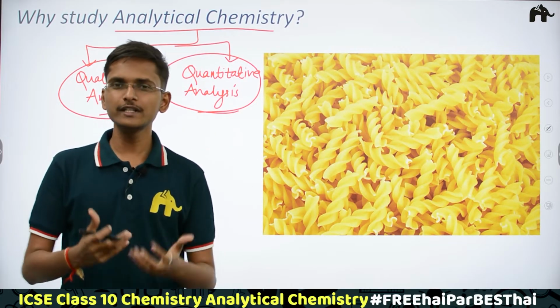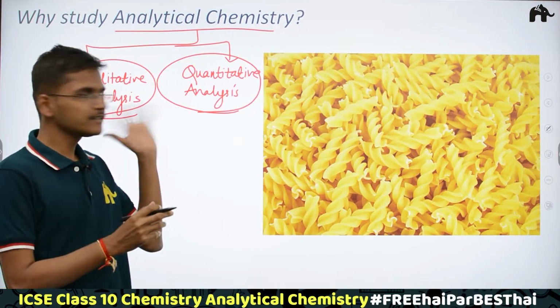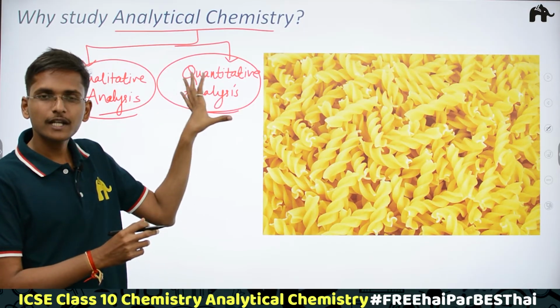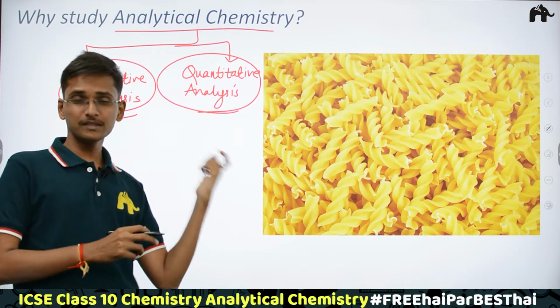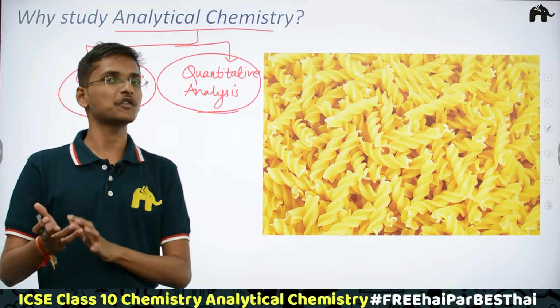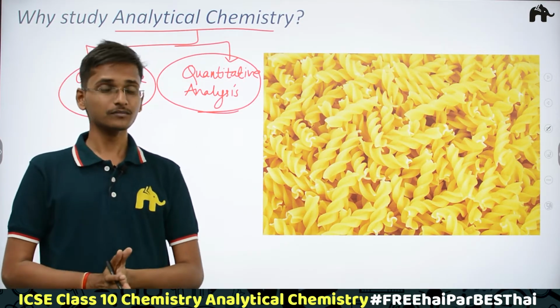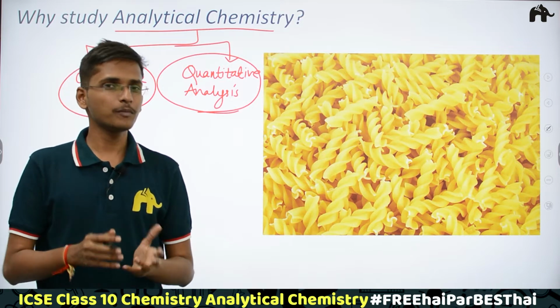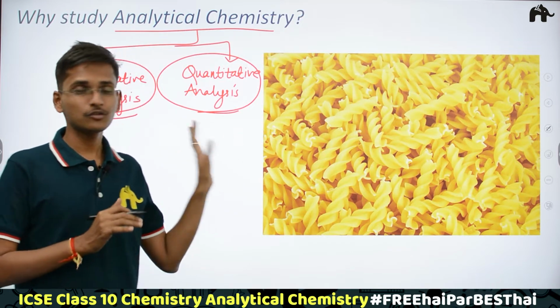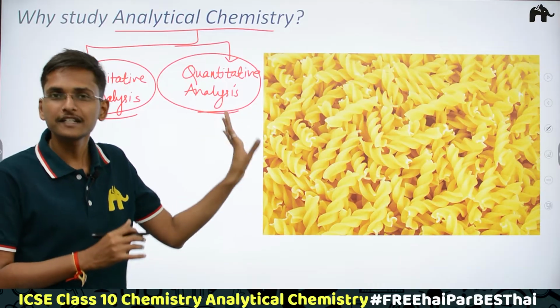Can you realize the importance of this qualitative and quantitative analysis, right? Because if we miss this step, then we would be in great trouble. We would eat something harmful for us and we would fall ill. I hope now you have understood the importance of this analysis part, right?